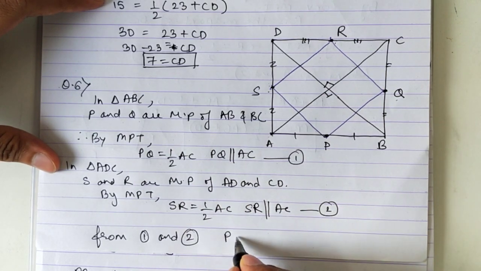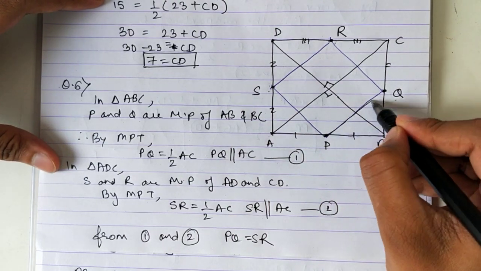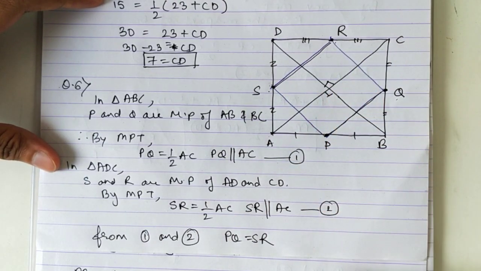From 1 and 2, PQ is equals to SR. Okay, so I have proved now that this side PQ is equals to this side SR.